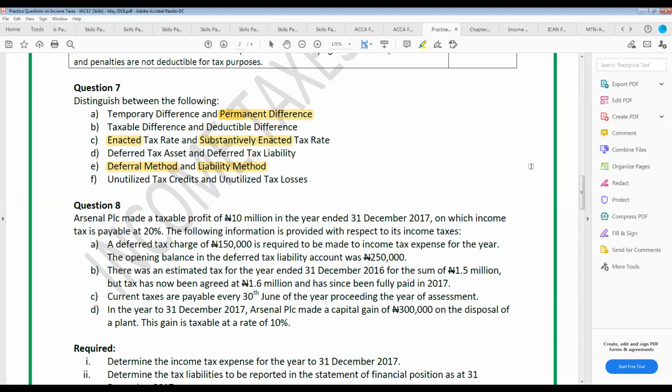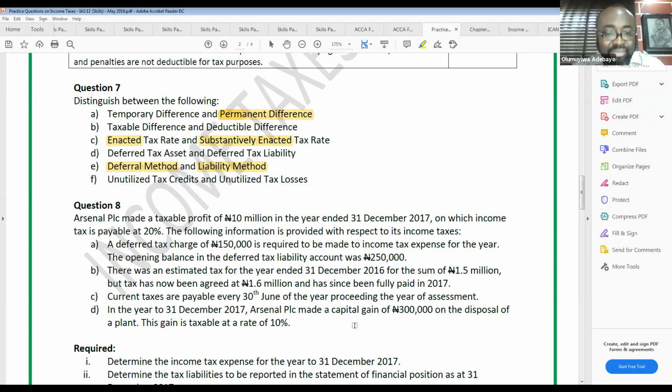This is just deductible difference, not deductible taxable difference. Okay. No, I don't know. Okay. I will say taxable difference arises when the carrying amount of an asset is greater than tax base. Okay.